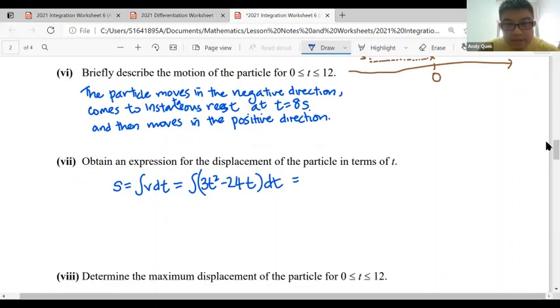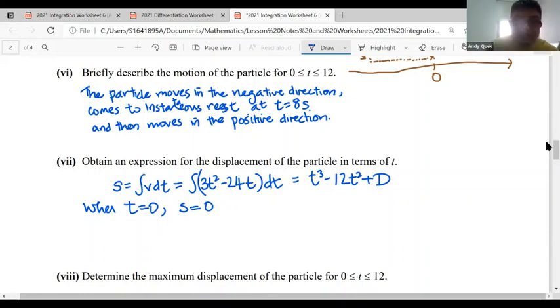Integrating this, t cubed, 12t squared, plus d. Okay, I choose a different symbol for this arbitrary constant. Well, we were told that the particle was initially at the reference point, the origin, right?